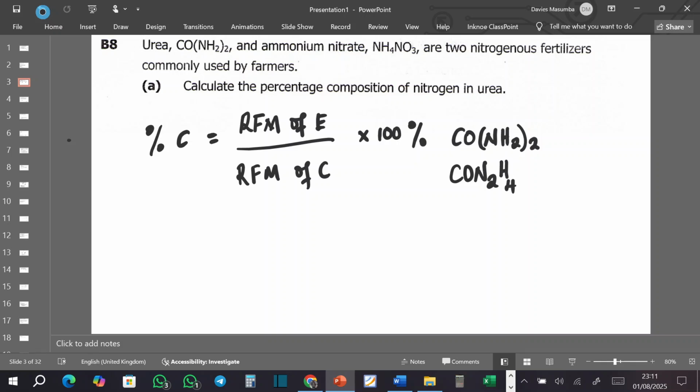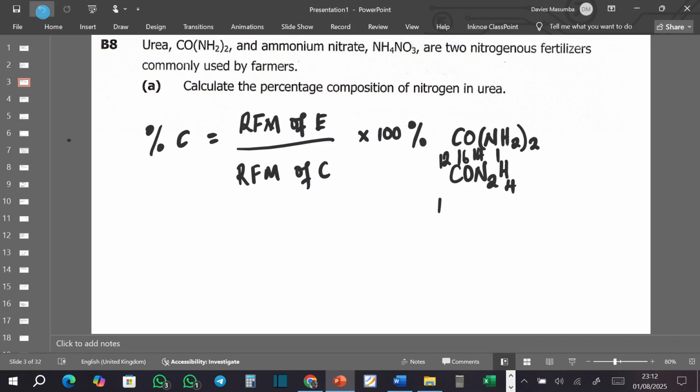So now we'll add the total relative formula mass of each one of these so that we find the relative formula mass of the compound. This is the compound. So carbon, the relative formula mass on the periodic table is 12. Then oxygen is 16. Then nitrogen is 14. Then hydrogen it is 1. So we total these up here.